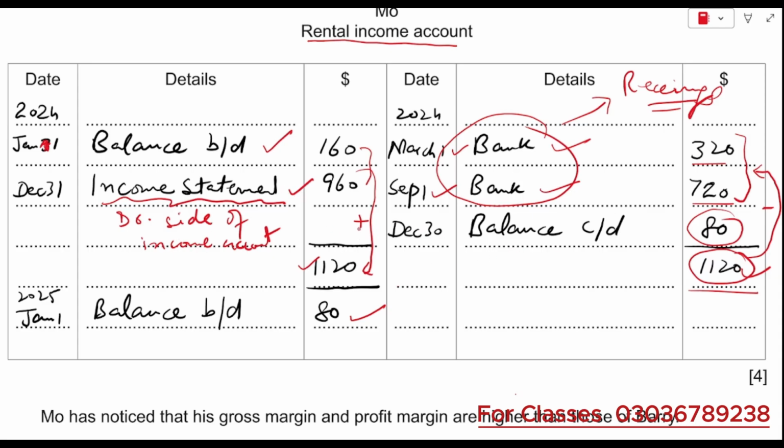This closing balance can come on any side. It depends on whether at the year end income was accrued or prepaid. Now again $80 are accrued, $80 are again receivable, that is appearing on the debit side of next year, on the first day of next year.